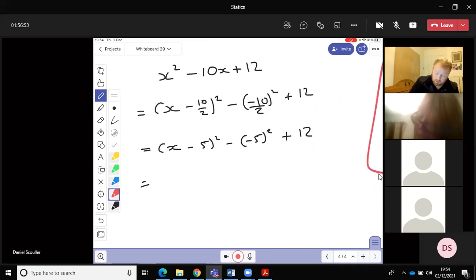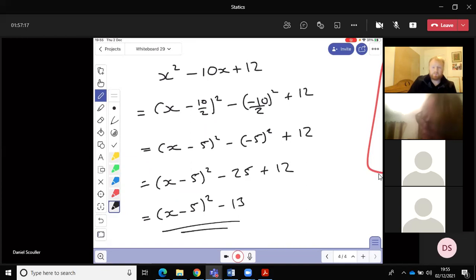That becomes positive 25, and then that sign goes in front of it. So x minus 5 squared minus 25 plus 12. Just tidy up the last two terms and you'll get your answer.